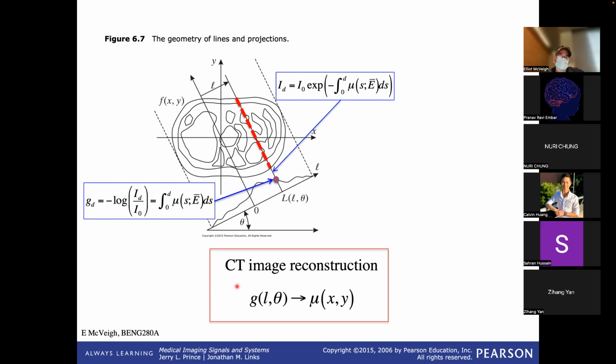That gives us a large 2-dimensional data set, which is G as a function of L and theta. So that's just a picture in 2D. And our task is to take that picture and make this picture, which is the mu values at each point X and Y in the patient. And that's the CT image.